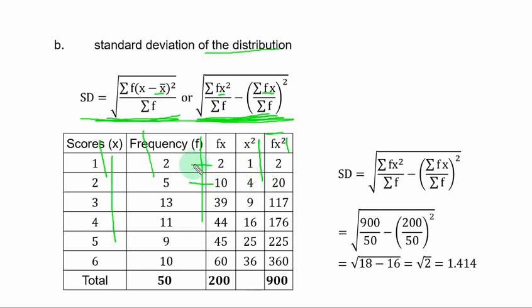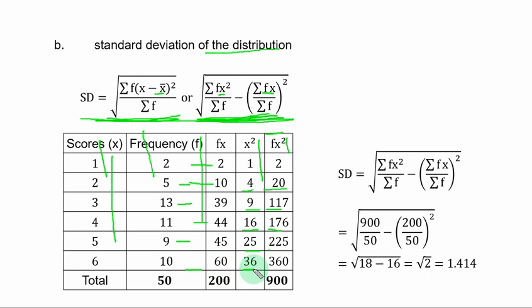That is 2 times 1, you have 2, 5 times 4, you have 20, 13 times 9, you have 117, 11 times 16, 176, 9 times 25, 225, 10 times 36, 360.